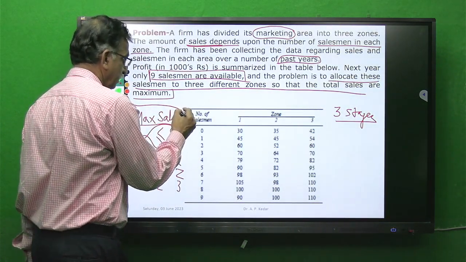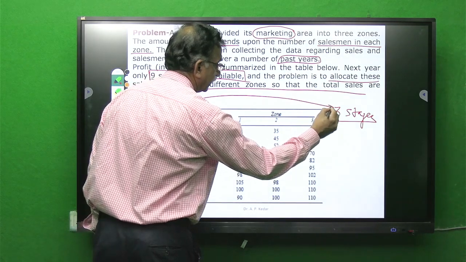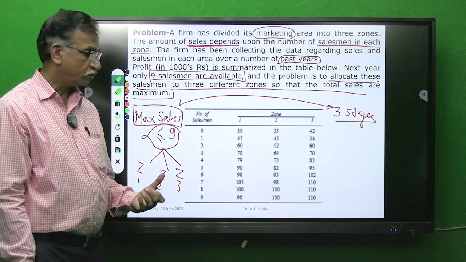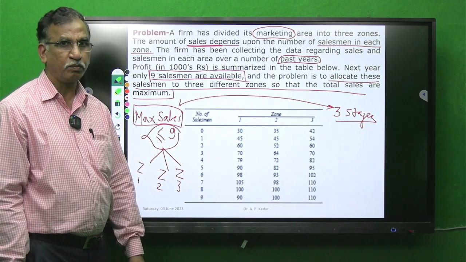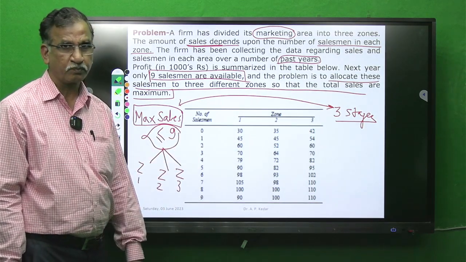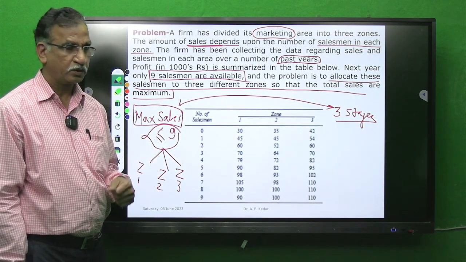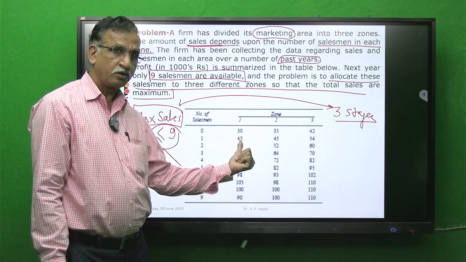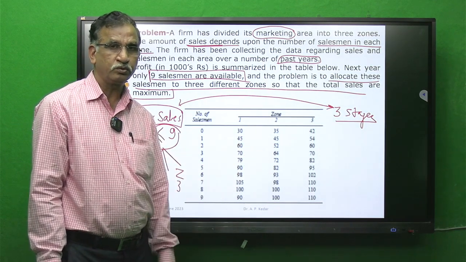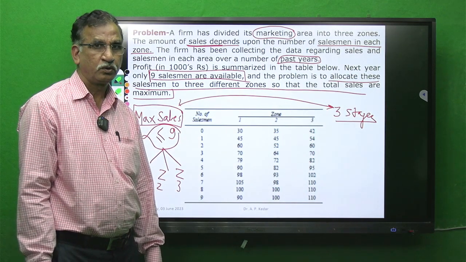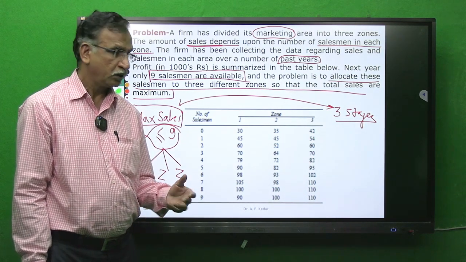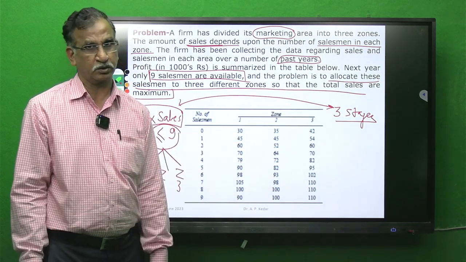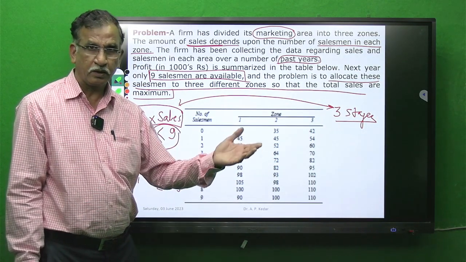Target is to maximize sale. So you can have only one combination of zone 1, that is one possibility. Similarly, the other combination is zone 1 and zone 2 at the second stage, then the optimal of zone 1 and zone 2 with zone 3 at the third stage.